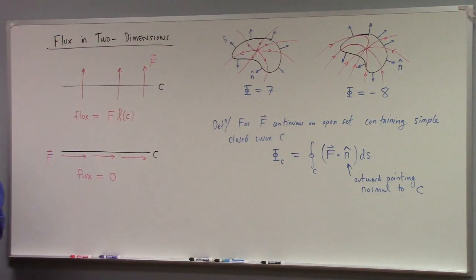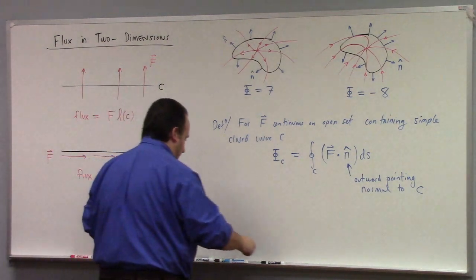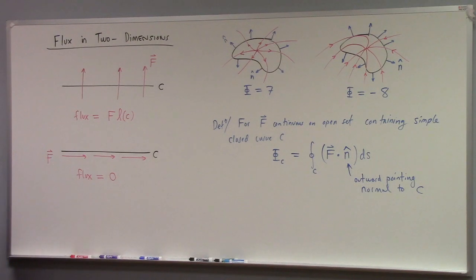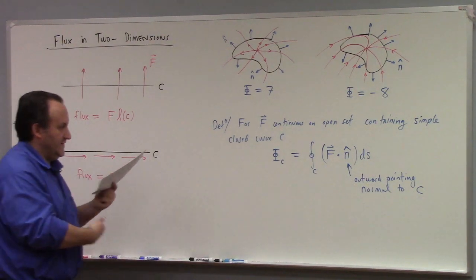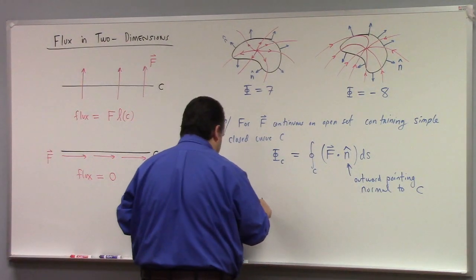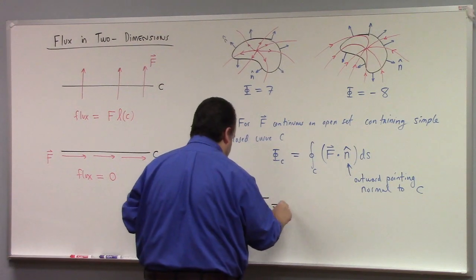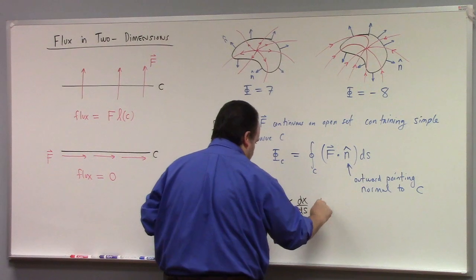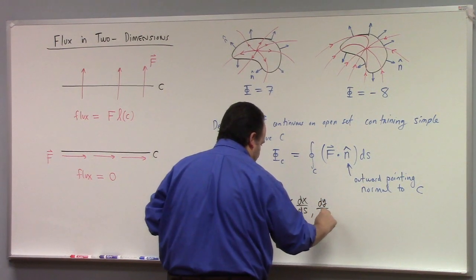And so it would be nice to have a formula for this, and there is one. I'll just point this out. If the unit tangent is equal to, let's say, dx/ds, dy/ds, so suppose we've parameterized with respect to arc length, okay?